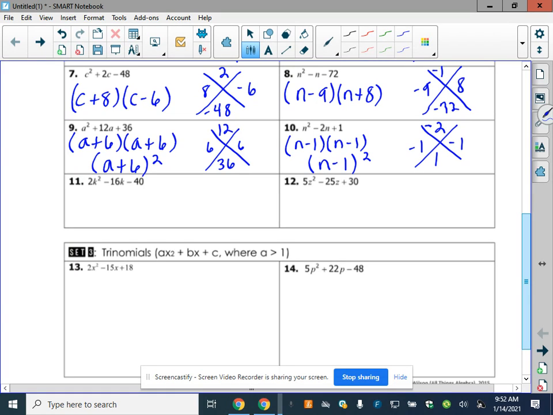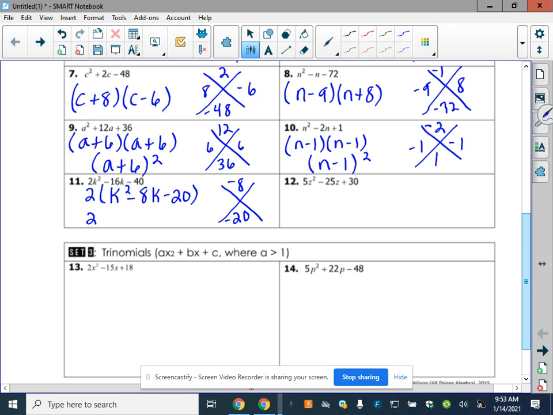Number 11, I have a greatest common factor of 2. So I'm going to take that out. I'm going to divide each term by 2. So that'll be k squared minus 8k minus 20. And I'm going to bring that 2 down. I'm going to go over here to the side. I have to factor what's in the parentheses, just like what we just did.